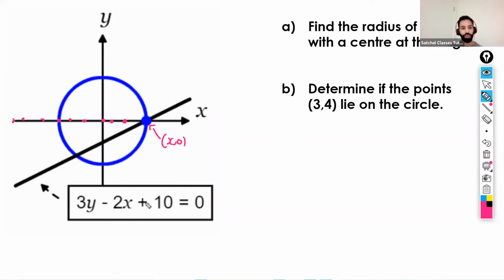So for instance, if I make x the subject, I can say 3y plus 10 is equal to 2x. Therefore, x is equal to 3y plus 10 over 2.